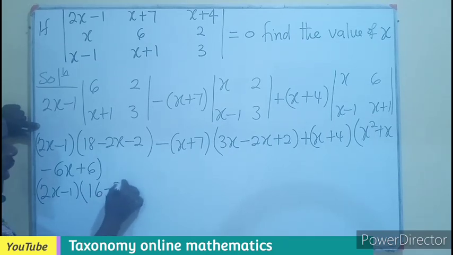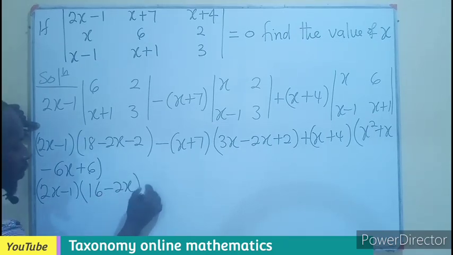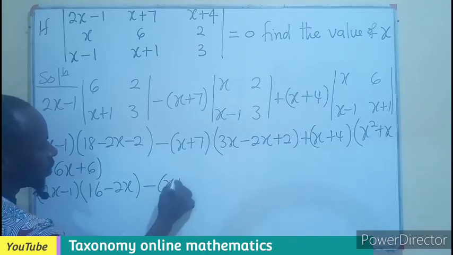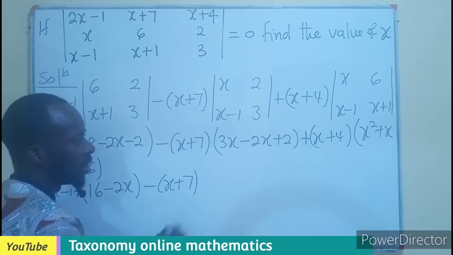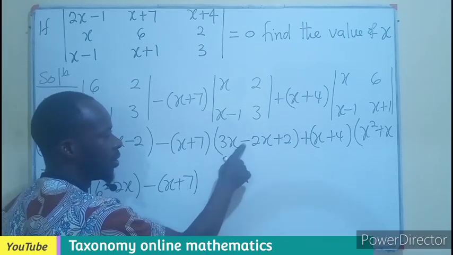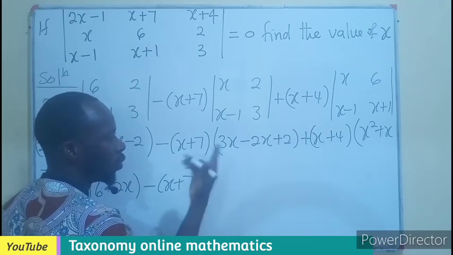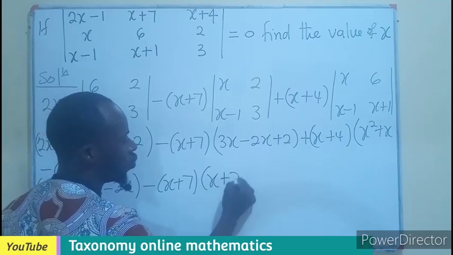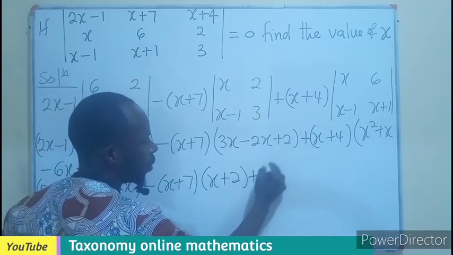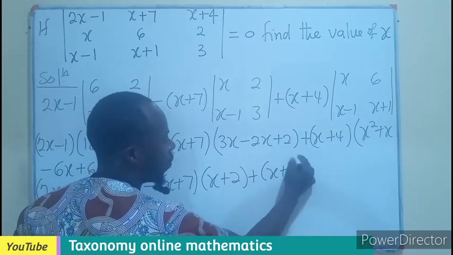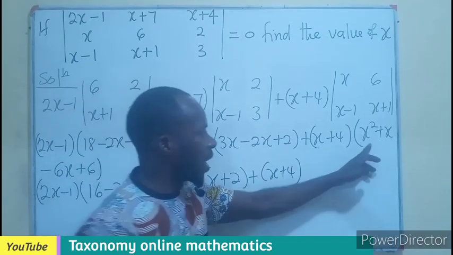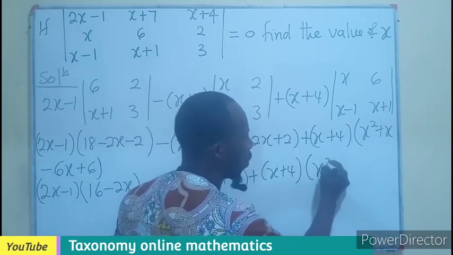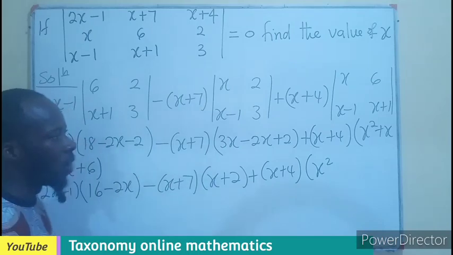Then minus 2x will be there. Minus your x plus 7. In here is going to be 3 minus 2. That will be 1. So it will be 1 of the x. Then plus 2 will come. Your x plus 4. In this bracket, we have only one x squared. So we maintain the x squared there.